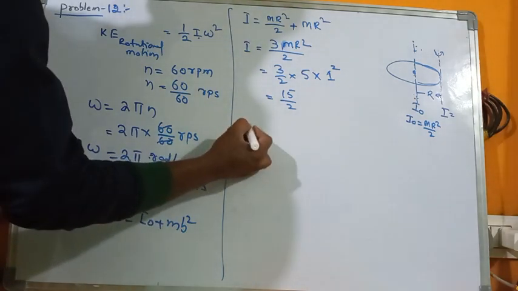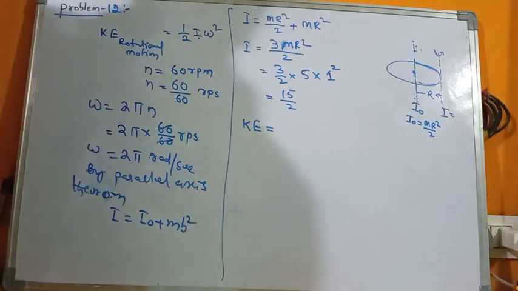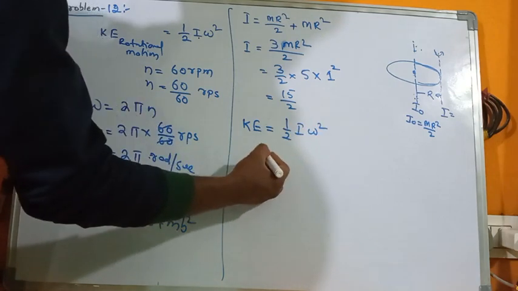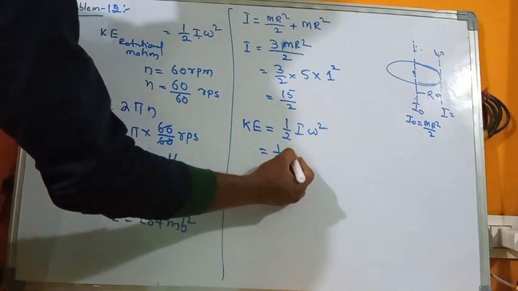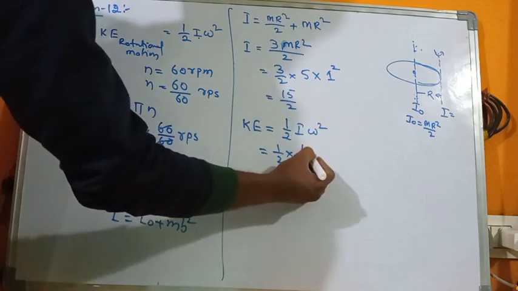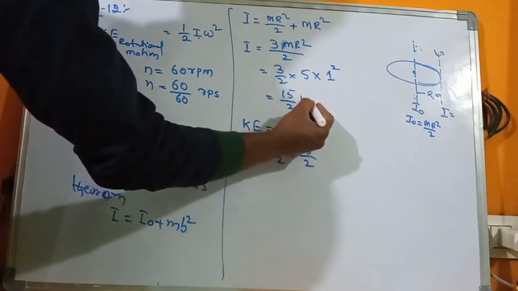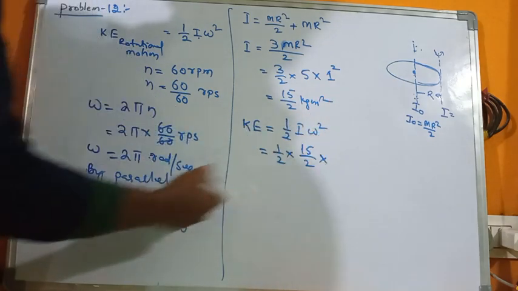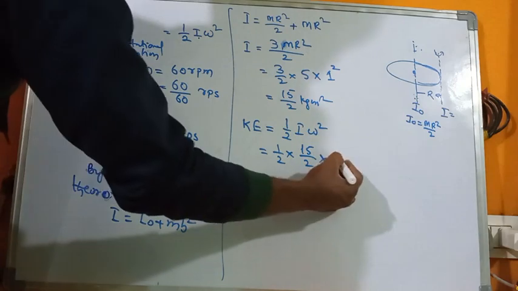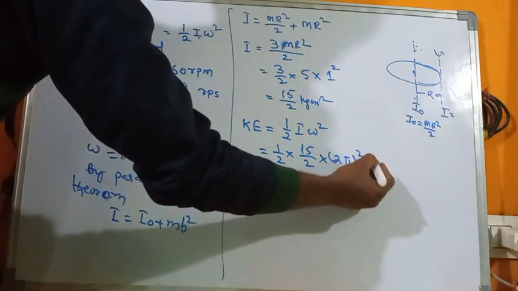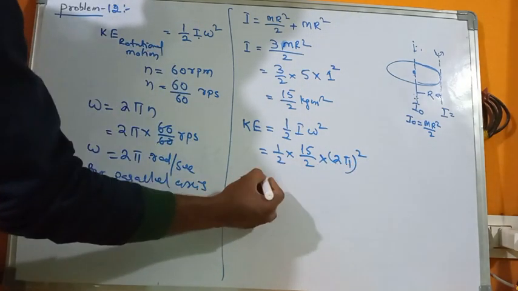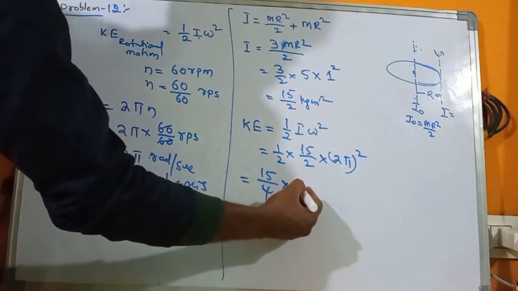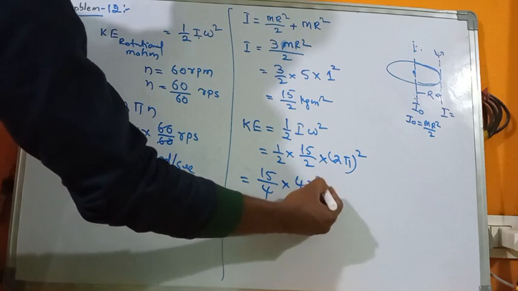Now kinetic energy in rotational motion is equal to half into I omega square. That is half into 15 by 2 kg meter square, into omega square, where omega is 2 pi, so 2 pi whole square, which is 4 pi square.